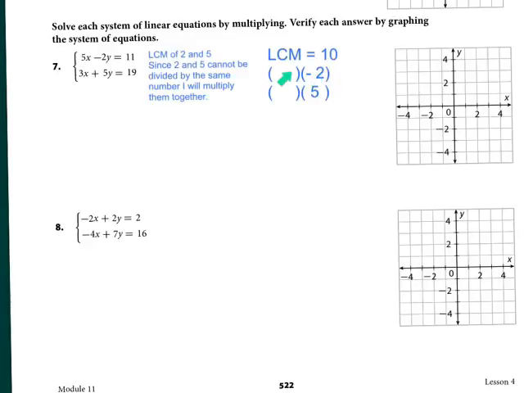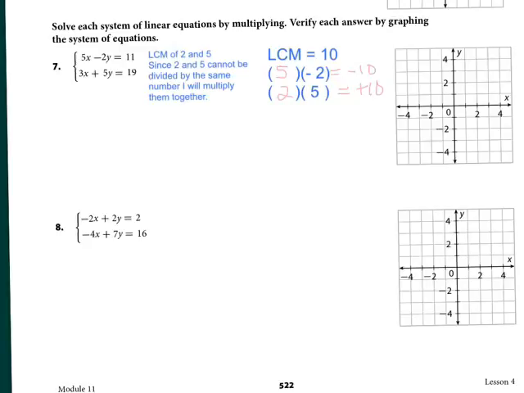So 2 times some number will give me 10. And 5 times some number will give me 10 also. So the numbers that I'm supposed to fill in right here are the number 5 and the number 2. That will give me negative 10 and positive 10. And eventually those two will cancel out.